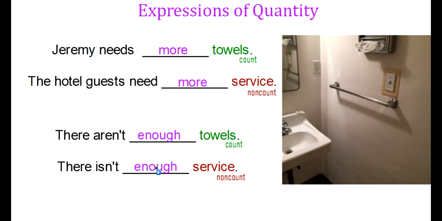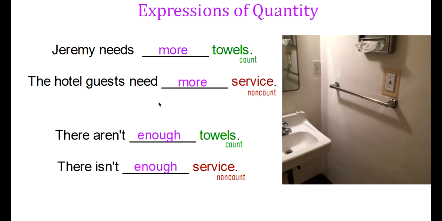There isn't enough service. So here we have a problem. There aren't enough. And here we have what we need to solve the problem. There aren't enough towels. Jeremy needs more towels. So the words more and enough can be used with both count and non-count nouns.